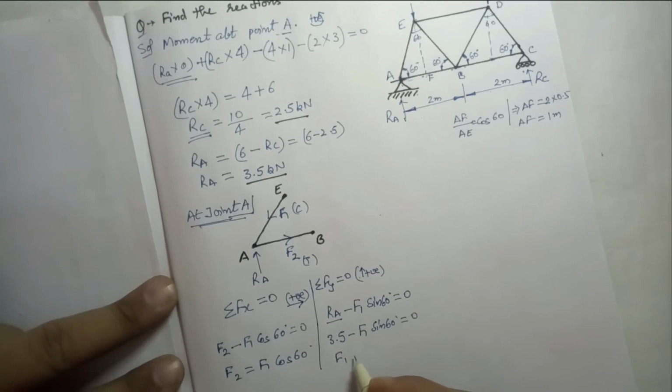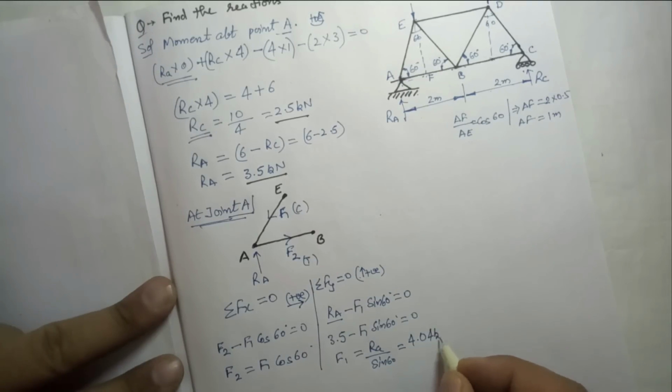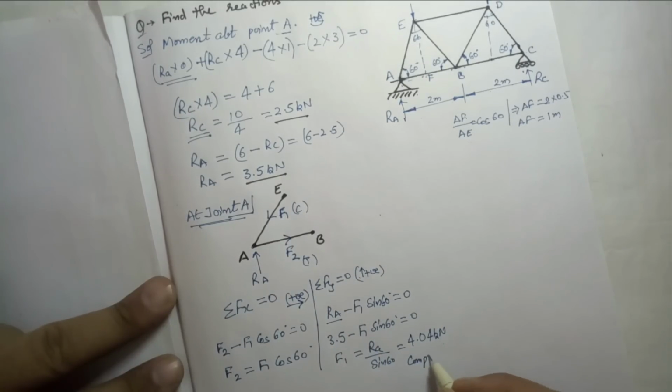So F1 will be equal to Ra, that is 3.5, divided by sin 60. We fill the value and you will get 4.04 kilonewton, and it is coming positive. So what was the assumption? F1 compressive, so I can say this is compressive.